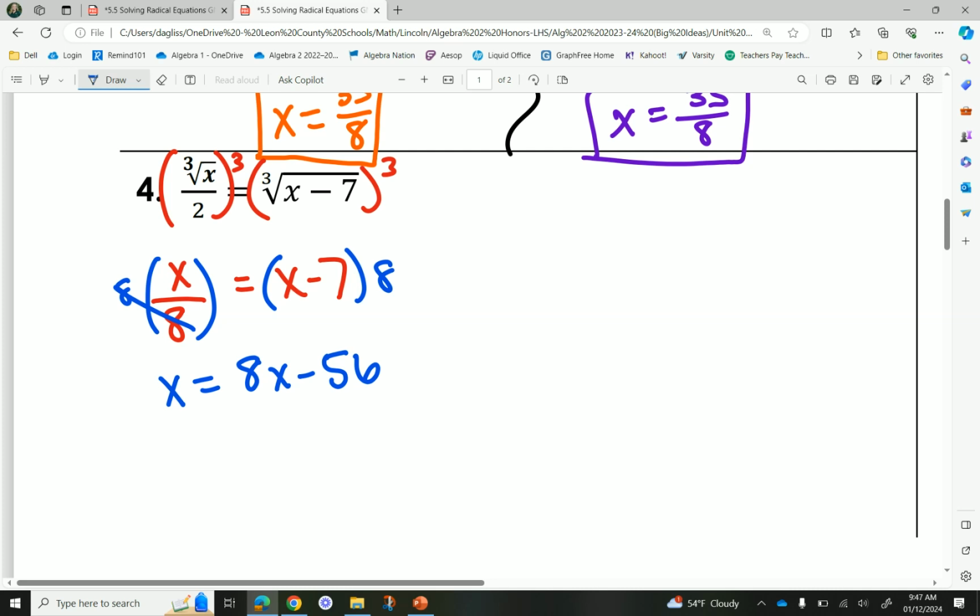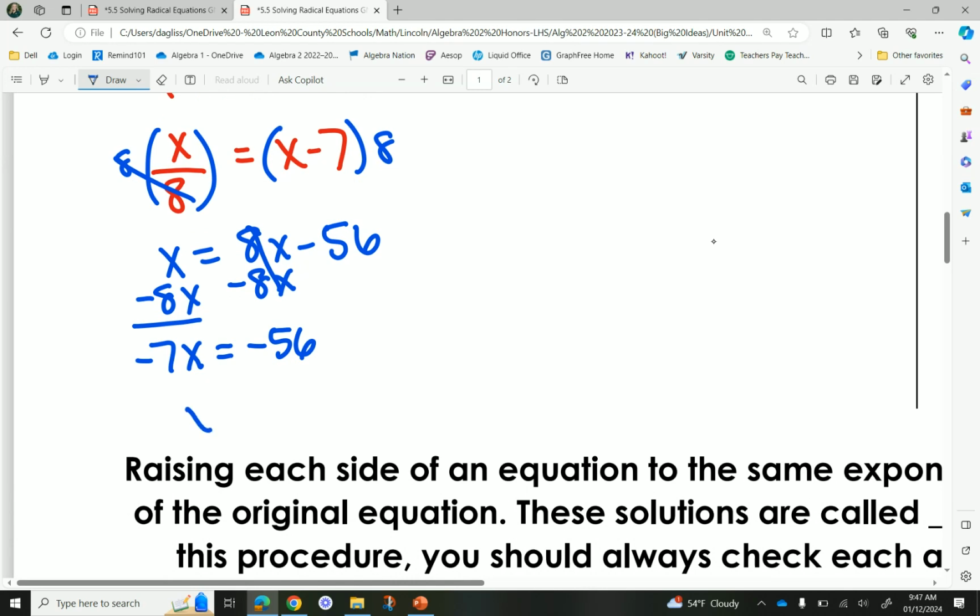I can't divide from there because my x's have to get put together. So you could do that, but I would put my x's together first. So I'm going to subtract 8x, but thank you for speaking up. So we're going to get negative 7x equals negative 56. And so now I can divide both sides by negative 7. So we get x equals positive 8.